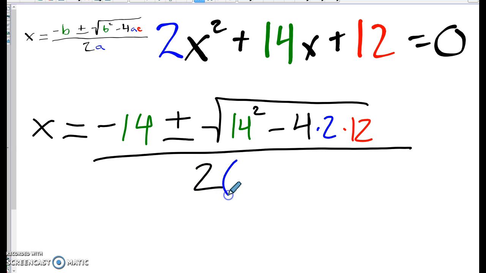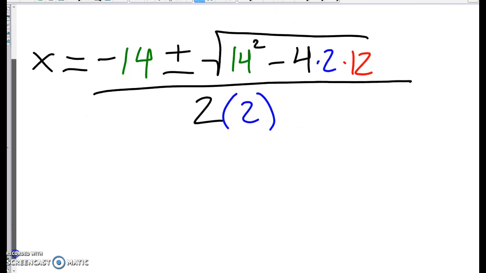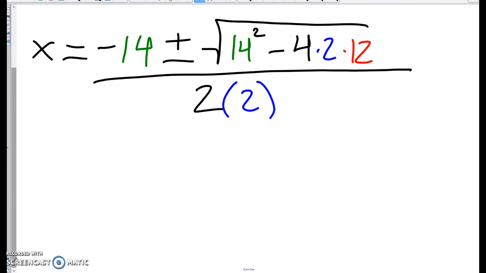In this case, a again is 2. Now from here, it's really just a matter of plugging that into your calculator. The plus or minus, one time you're going to type it in to get the plus solution. The other time you're going to type it in as a minus to get the other solution.